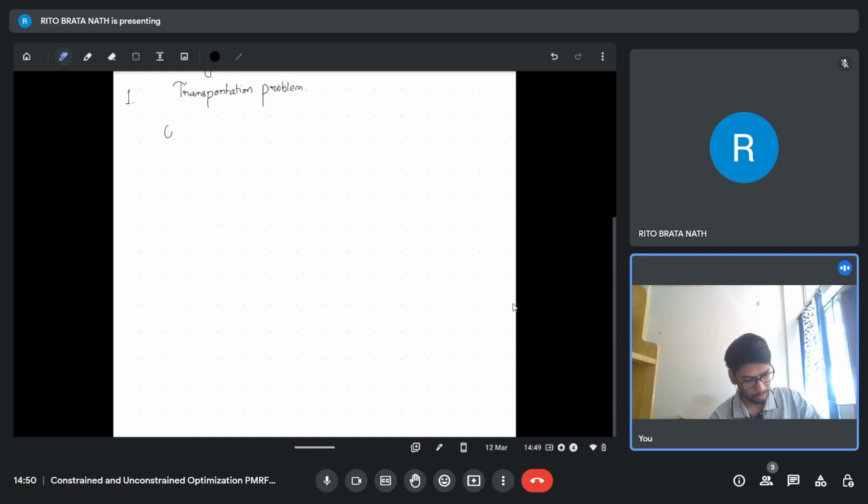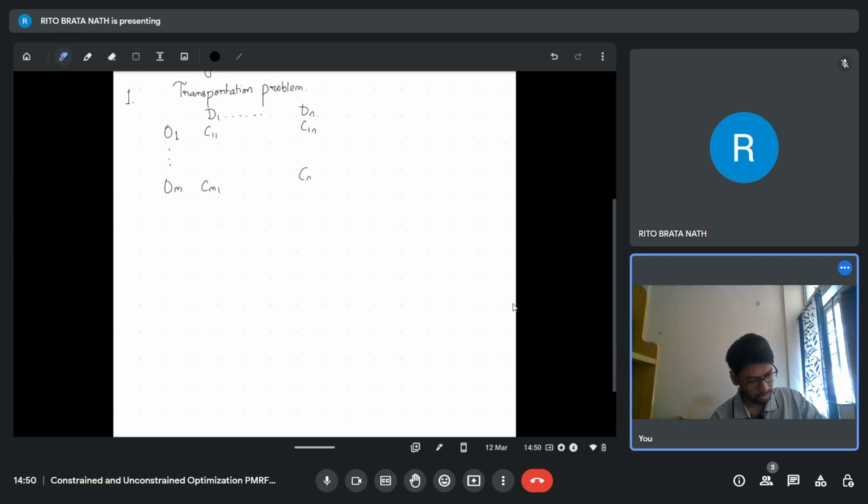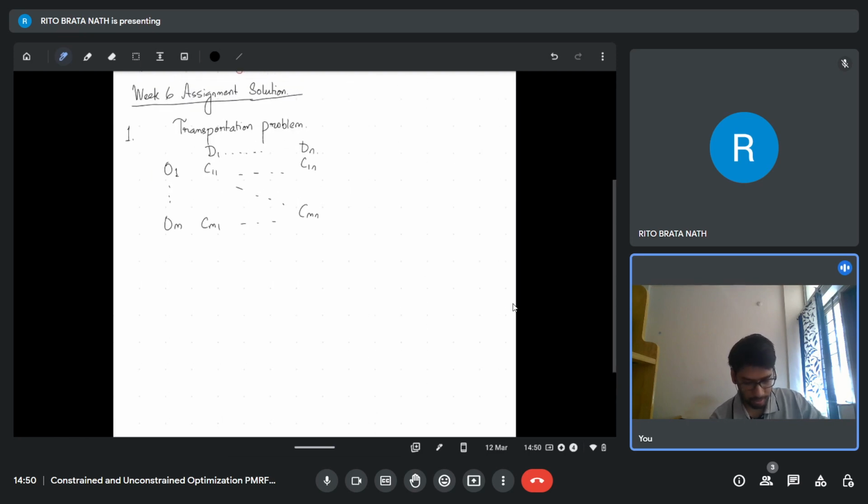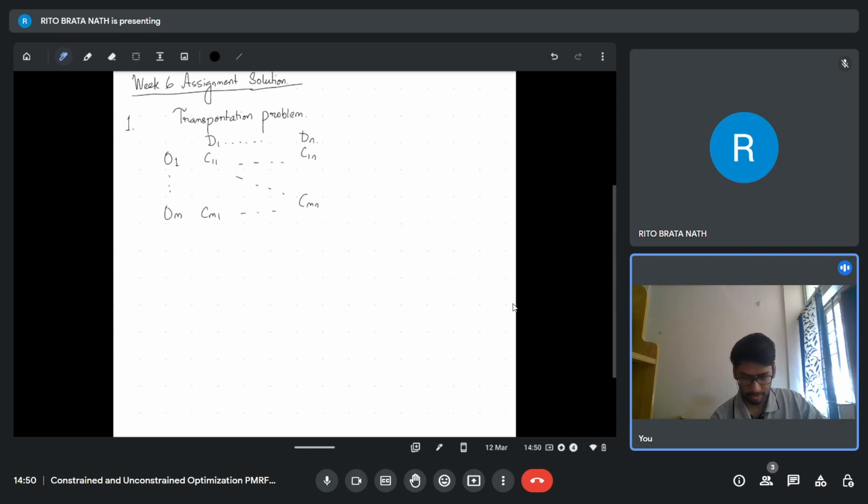These are your origins, D1 to DN are your destinations, and these are your costs, C11 and CN1. I'm writing down the entire thing, and then we have the a_i and b_j, which you can write as A1 to AN. These are the row sums, and these are your column sums.